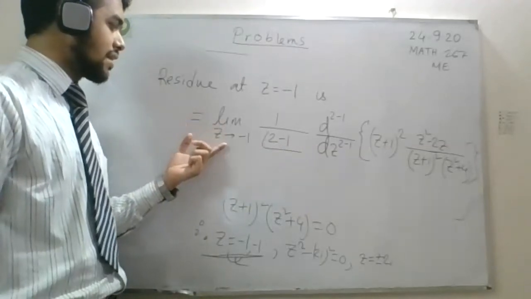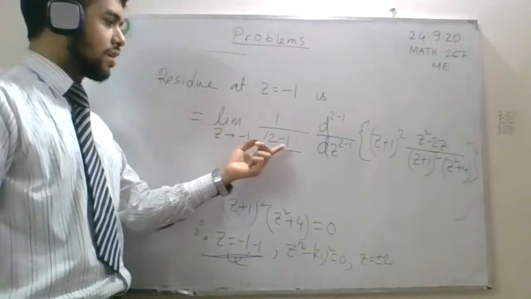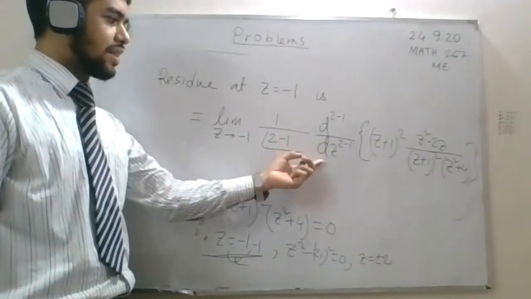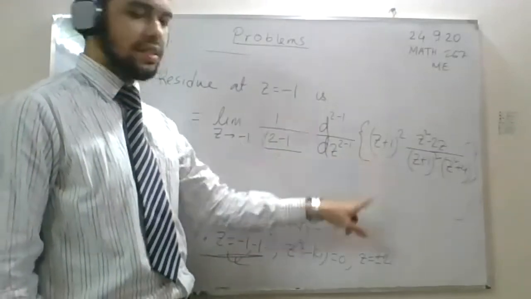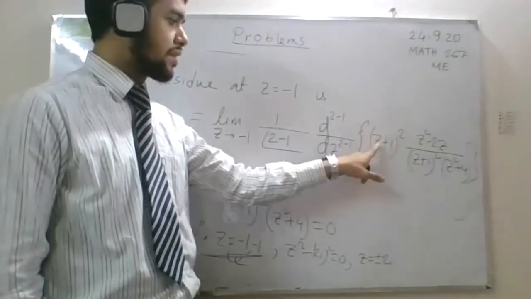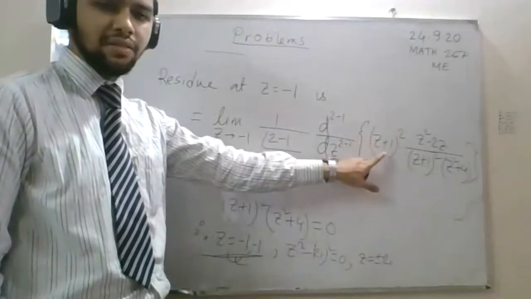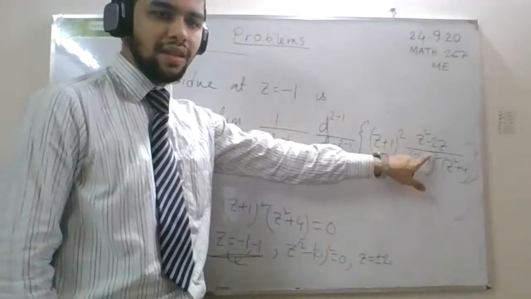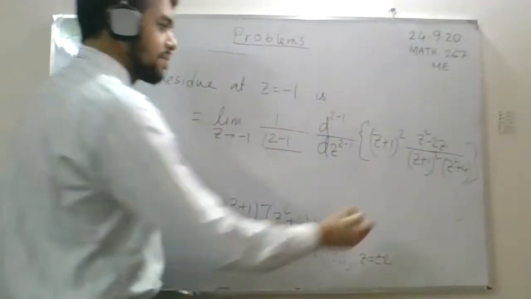Here, limit z tends to minus 1, 1 by factorial 2 minus 1, and d to the power 2 minus 1 divided by dz to the power 2 minus 1, into z minus a to the power m, which means z plus 1 squared, because m here is 2 and a here is minus 1. After that, you put in the value of the function f(z), where f(z) is this. Now just solve this.